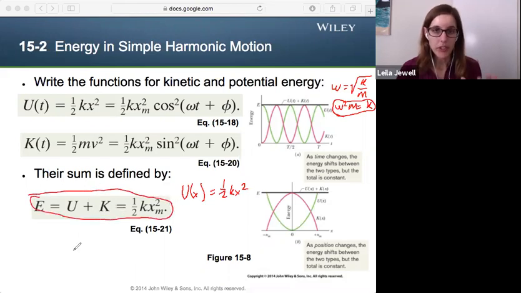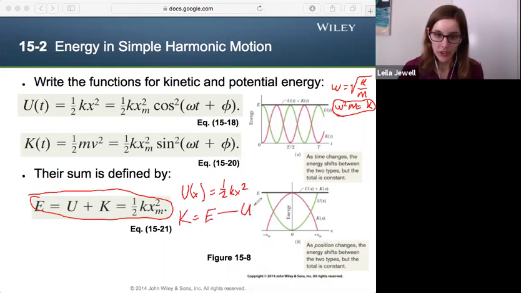So if we remember that the total energy is potential plus kinetic, then that tells us that our kinetic energy is just going to be equal to our total energy minus our potential energy.